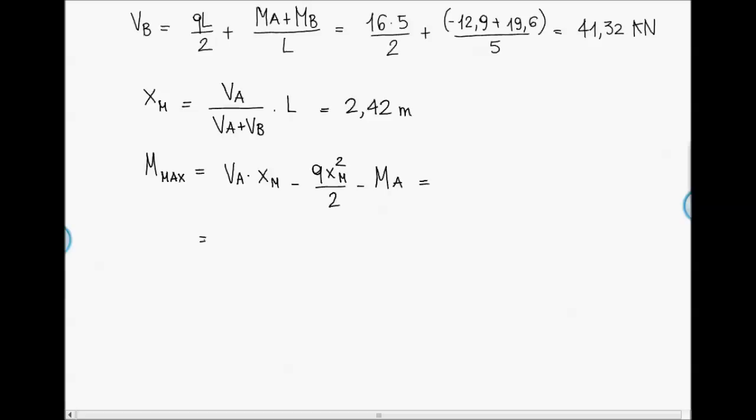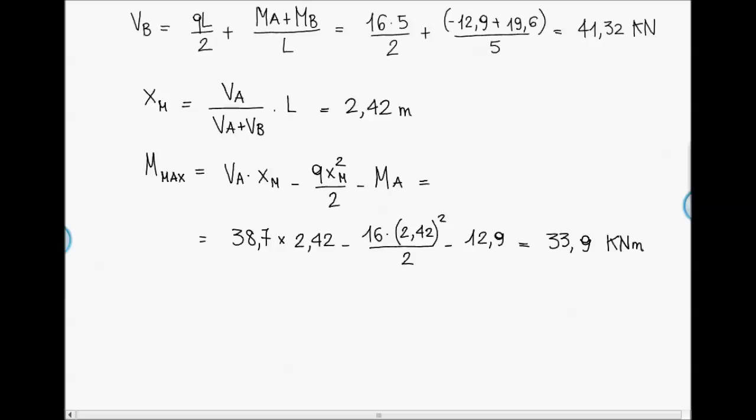It is equal to 38.7 by 2.42 minus 16, which multiplies xm squared over 2, minus MA, which is 12.9. This is equal to 33.9 kilonewton meter. This is the maximum bending moment which tenses the intrados fibers.